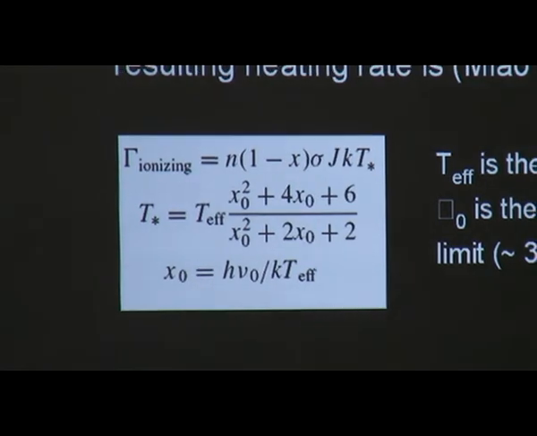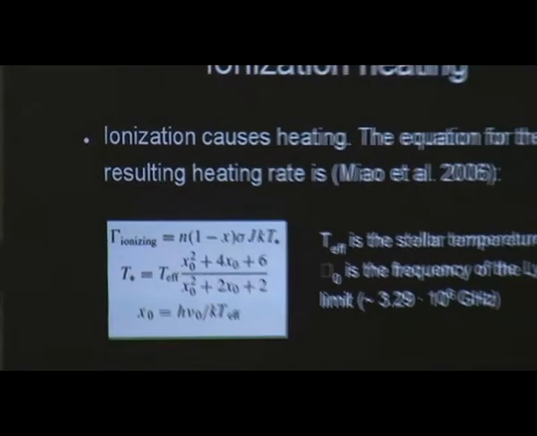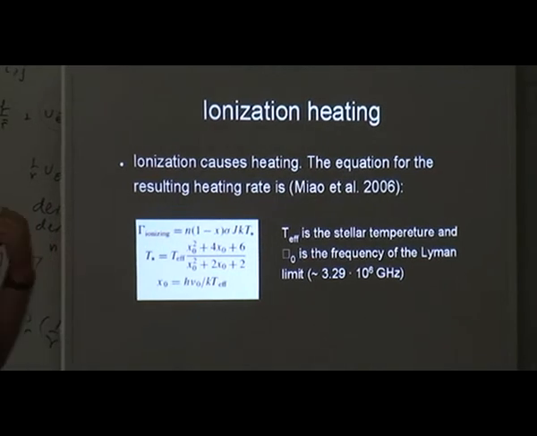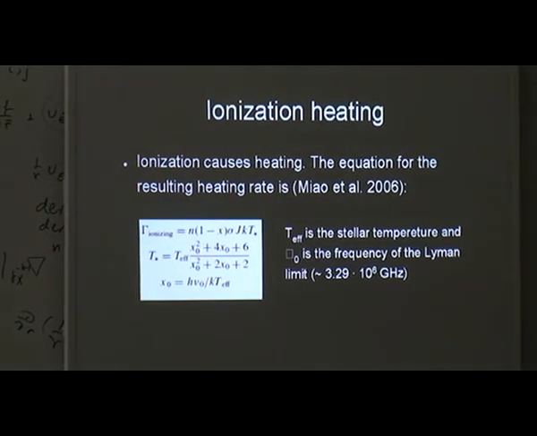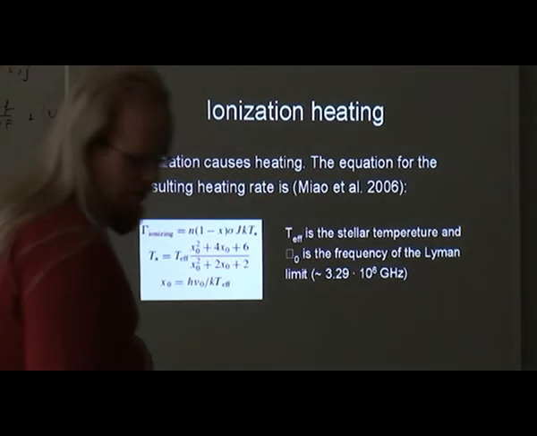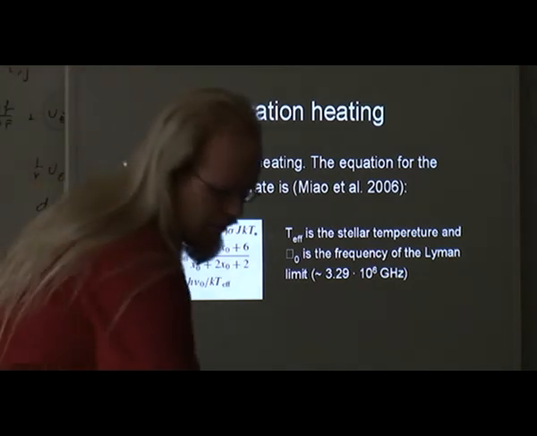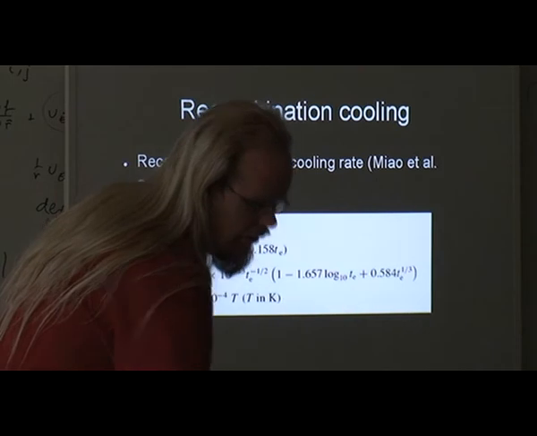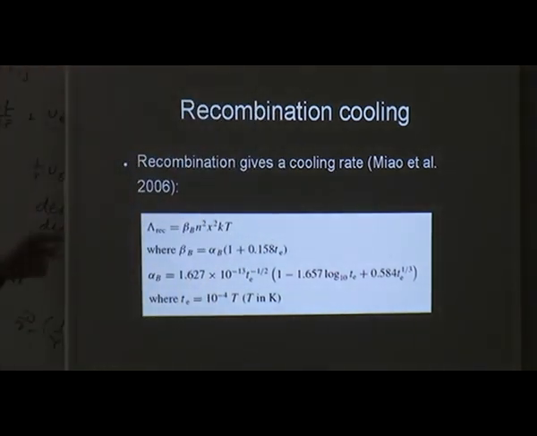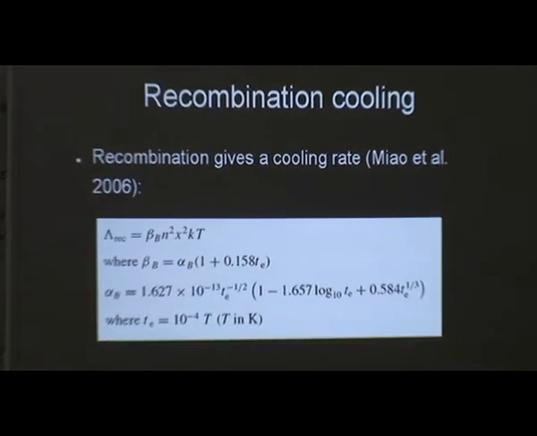Well, there's at least this heating and the ionization part, which is something I'm trying to concentrate on right now. But there's also the cooling part for this ionization thing.